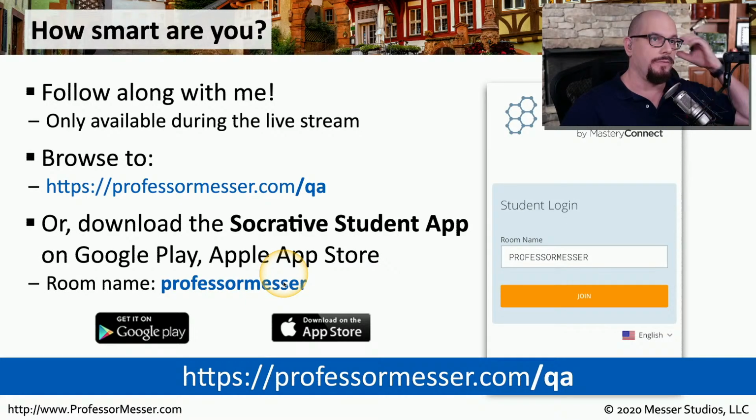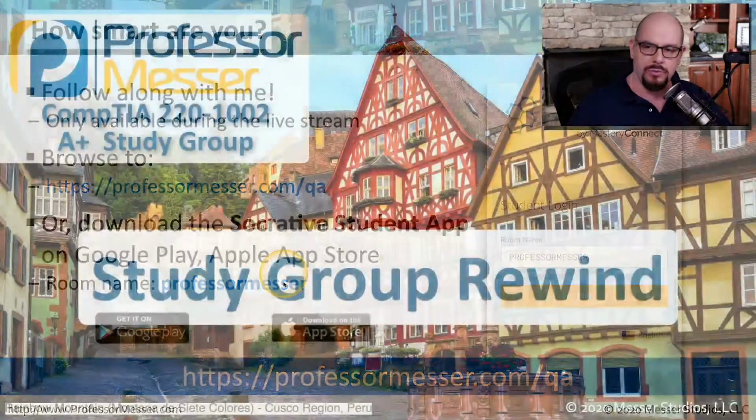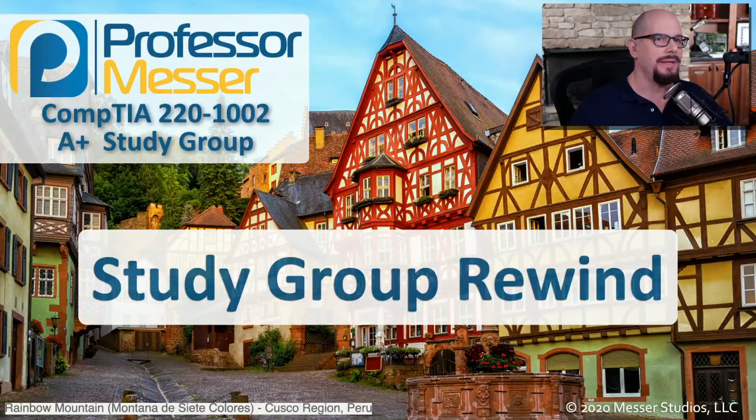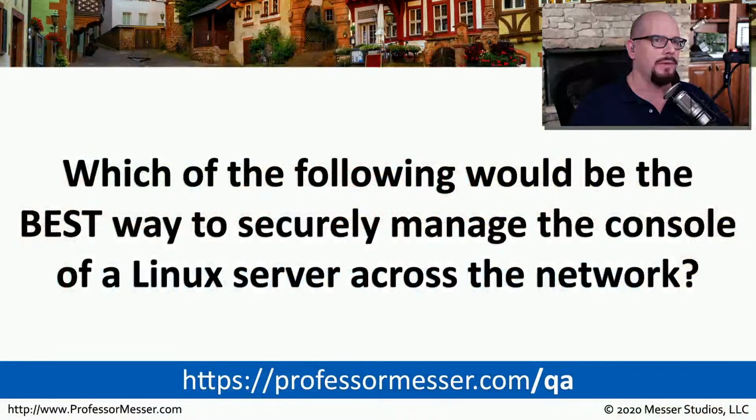Now I have a question for you. If you were able to go to those links where it says professormesser.com/QA, there is a question waiting for you there from yesterday that I put in. It was actually one I grabbed from last month's. We always do a month earlier study group question. So as I was piecing these together, I grabbed an old one, stuck it in here when I was putting all of this together. And now we have one from yesterday, the one from last month that I created and stuck in here yesterday that says, which of the following would be the best way to securely manage the console of a Linux server across the network?